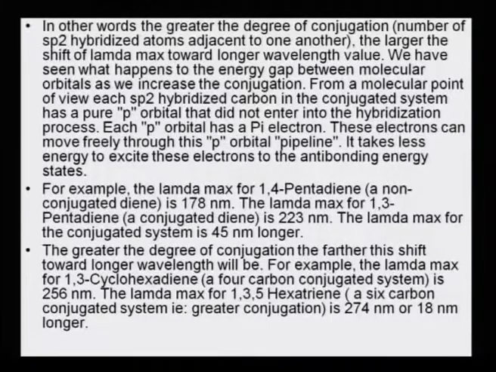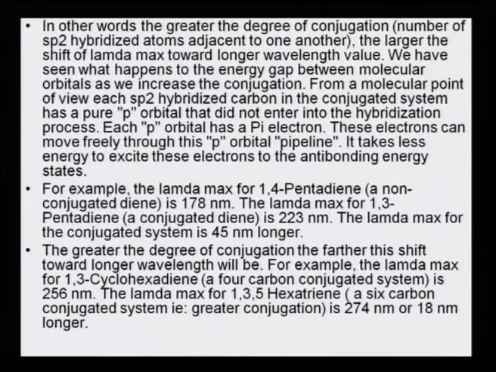For example, the lambda max of 1,4-pentadiene, which is not a conjugated diene, where one double bond is at one end and the other double bond is at the other end, separated by two single bonds, is 178 nanometers.